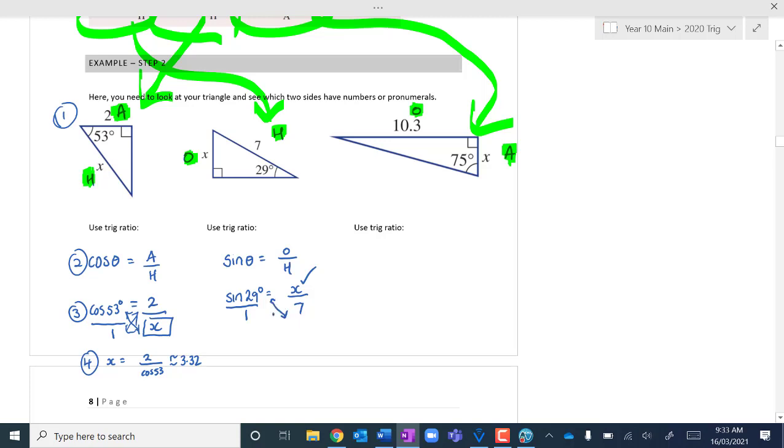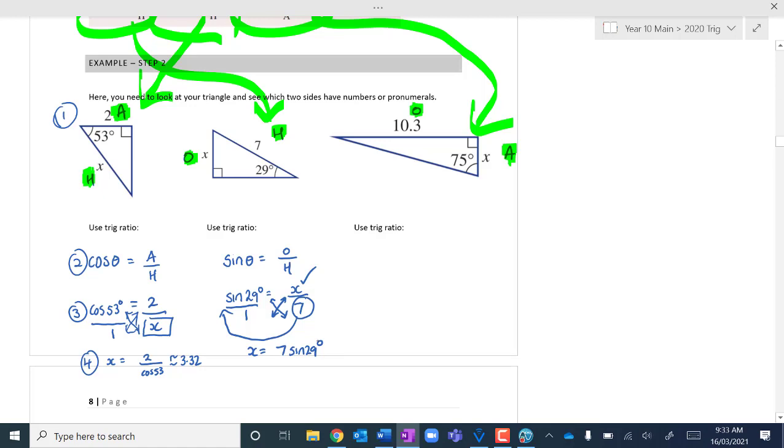We're timesing by 7, but likewise, if you saw this as 2 fractions, then the 7 can go up there, can't it? So x is 7 times sine of 29. That's the exact value. Let's go ahead and find it in the calculator.